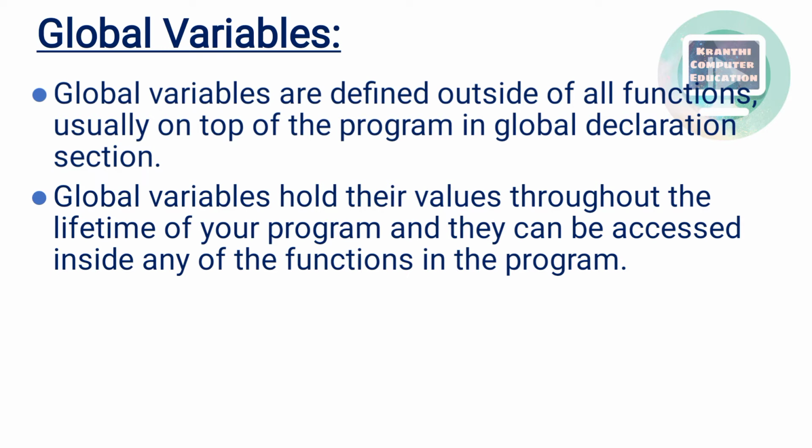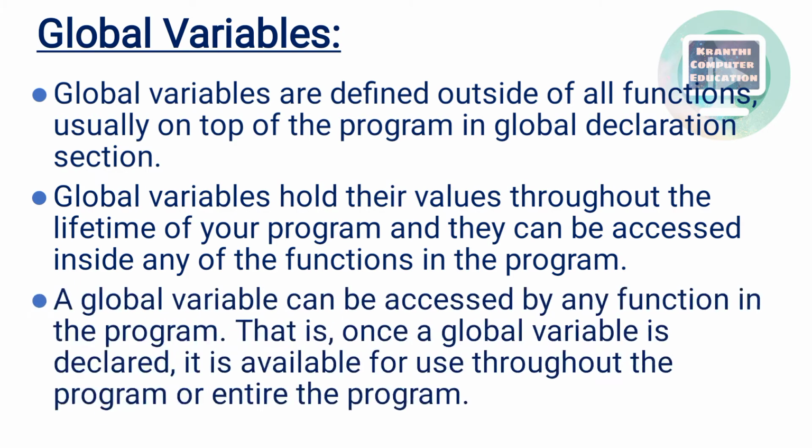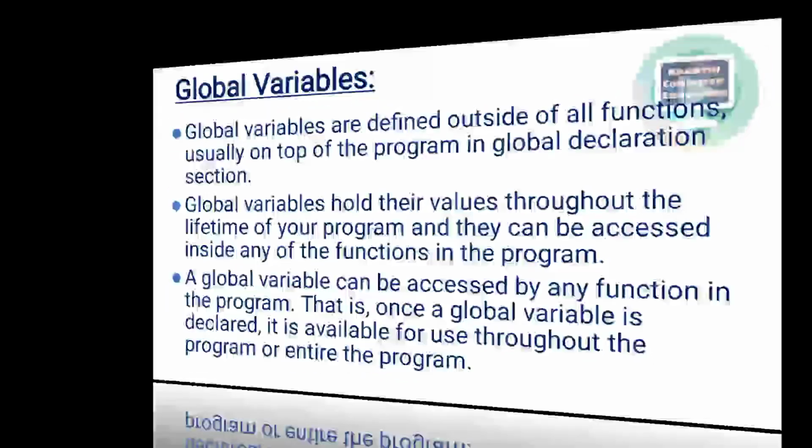So a global variable can be accessed by any function in the program. Once a global variable is declared, it is available for use throughout the program. So this is about global variables.